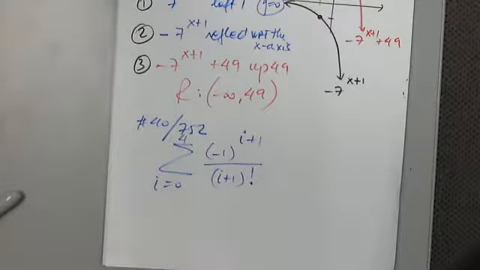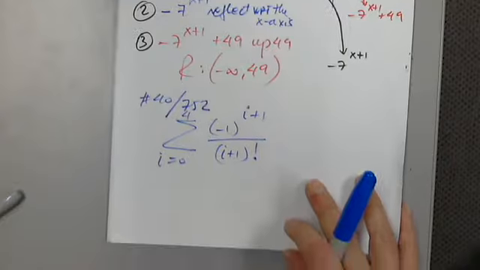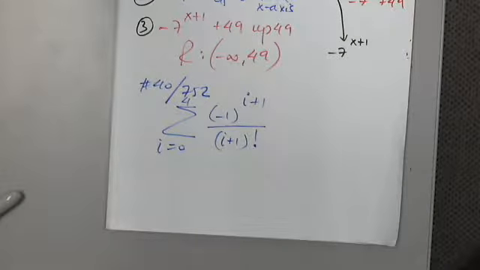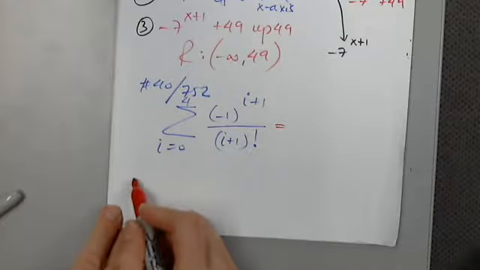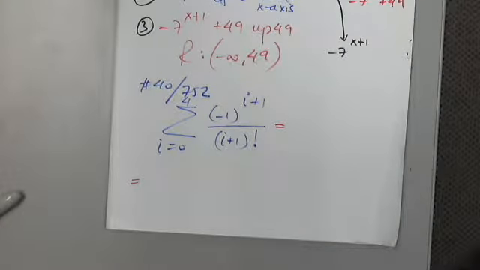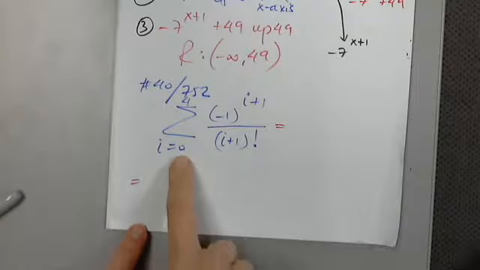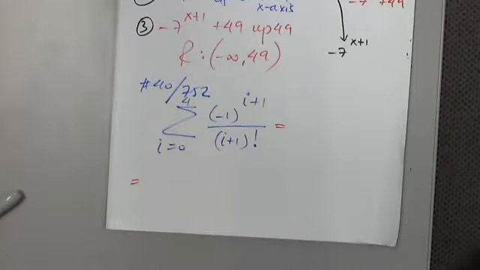They want us to find the indicated sum. How many terms do I have to write before I add them up? When i is 0, when i is 1, when i is 2, when i is 3, when i is 4. From 0 to 4. How many terms?